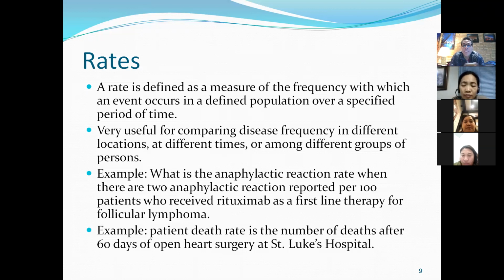So I hope you appreciate when we use this kind of epidemiological statistics. Basically we use this when there are stark differences in the rates, particularly in outcomes of diseases based on treatments or surgical interventions. So rates are very important.